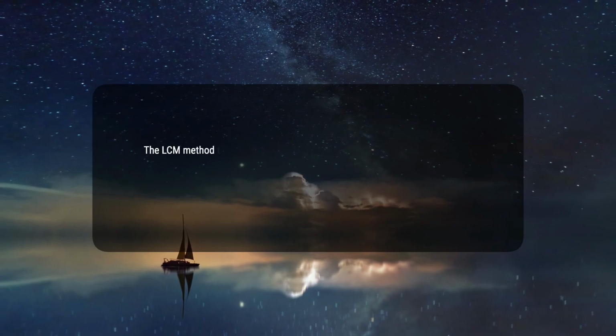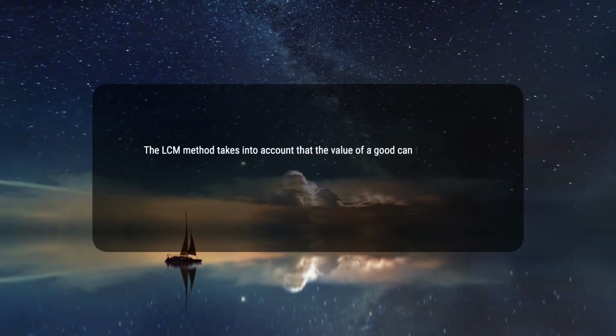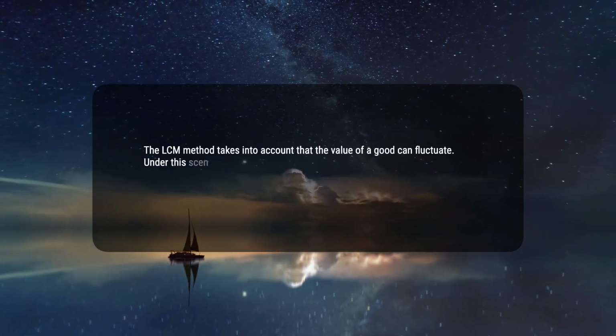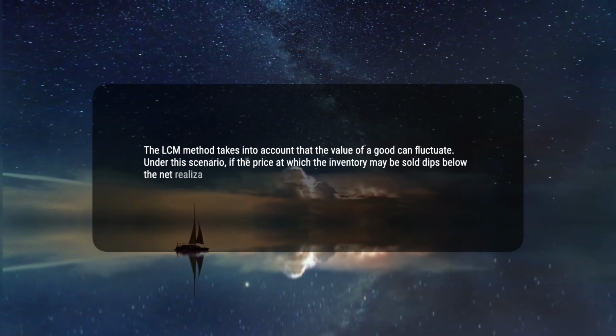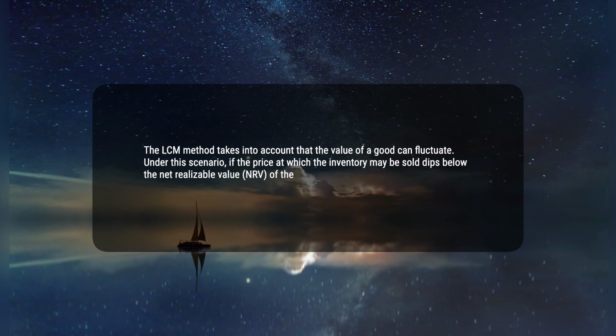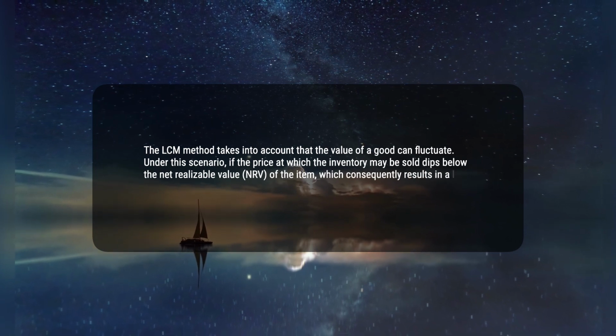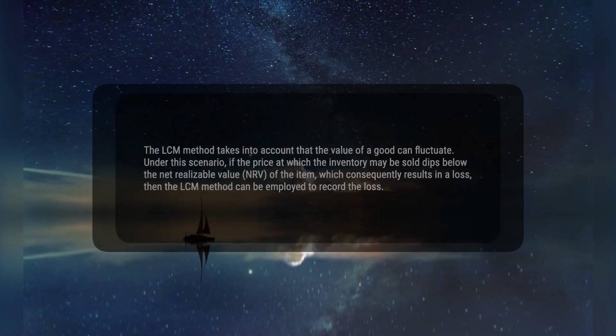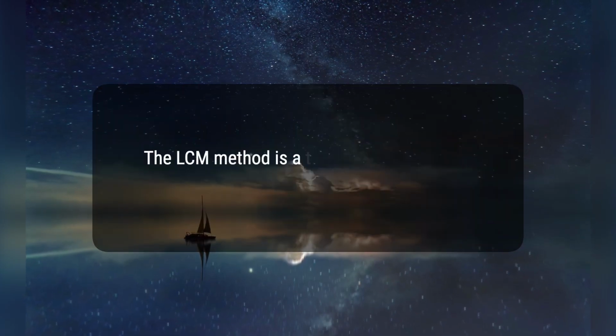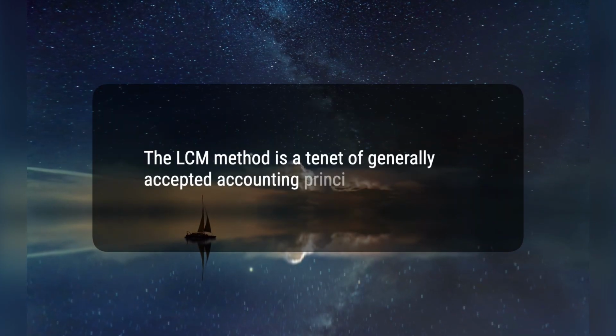The LCM method takes into account that the value of a good can fluctuate. Under this scenario, if the price at which the inventory may be sold dips below the net realizable value, NRV, of the item, which consequently results in a loss, then the LCM method can be employed to record the loss. 4. The LCM method is a tenet of generally accepted accounting principles, GAAP.